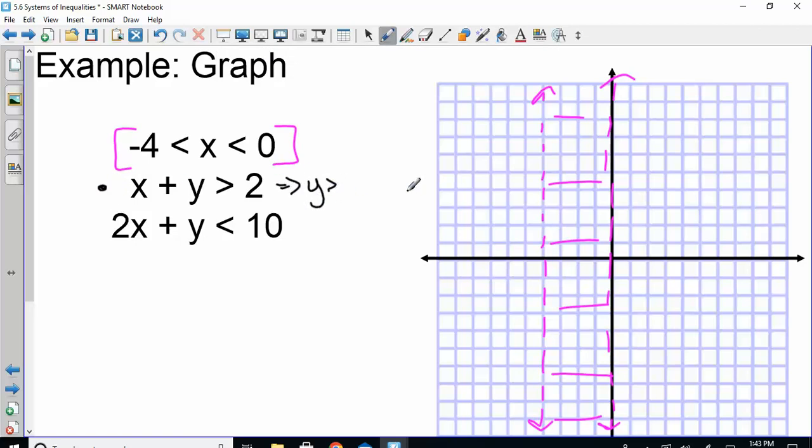Okay, next one. We can subtract our x. So our y-intercept is 2. Slope is -1. Dashed line.